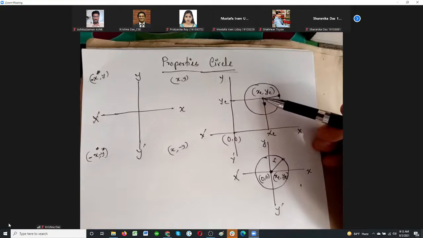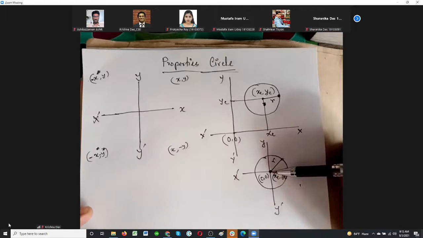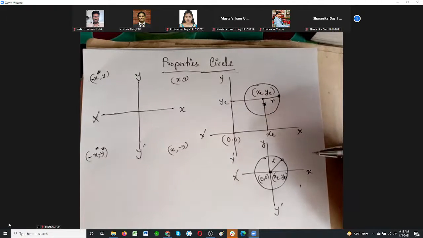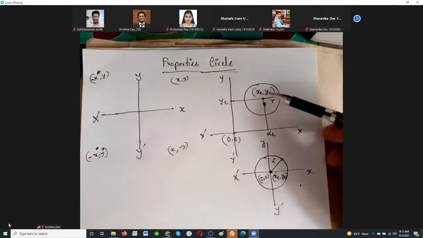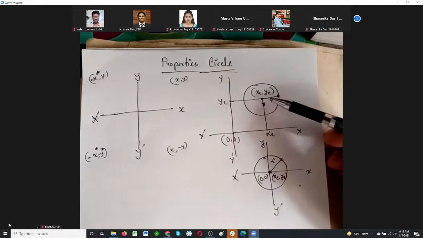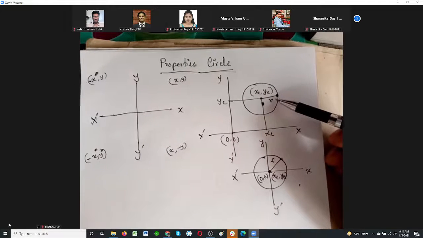This center is a random point on the graph, whereas this circle's center is its origin point. Whenever it has an origin point, then some properties or features can be handled in a different way. Whenever you have a random point on the graph, you need a radius to draw a circle.